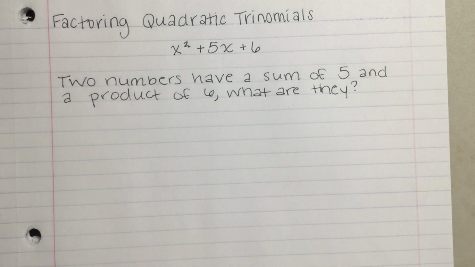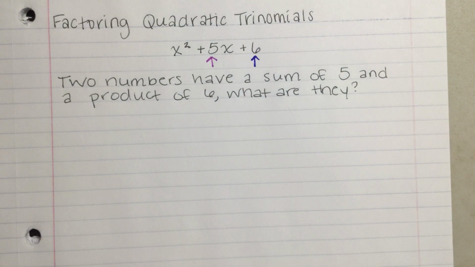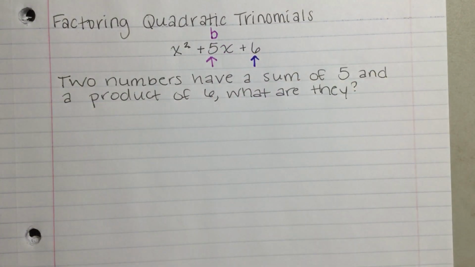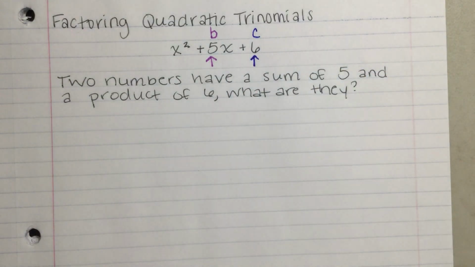And if you look up at your quadratic trinomial, you're actually going to see your 5 here and your 6 here. So your 5 is in the place that we usually recognize as our b value, and our 6 is our c value.